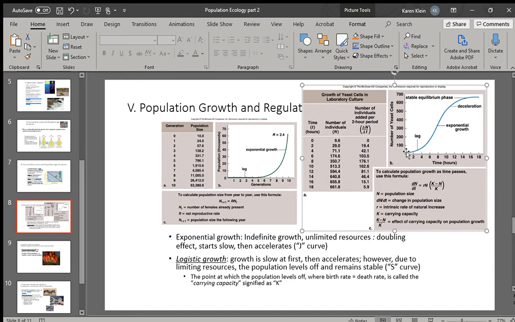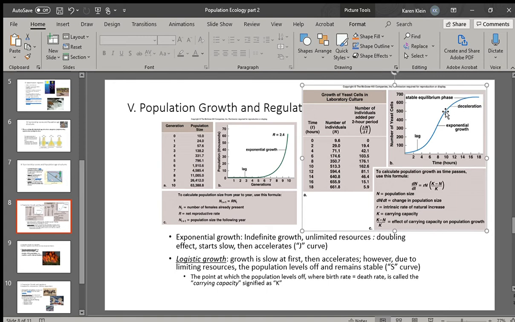When you have plenty of resources available, the population rate goes up. But once you reach the point where there are only so many resources available for so many animals or plants, that population number, that abundance number, levels out.